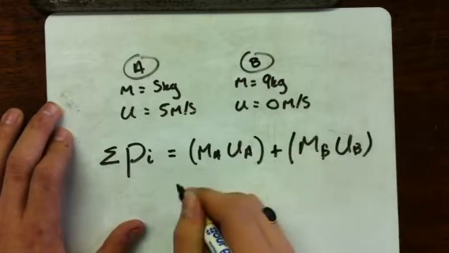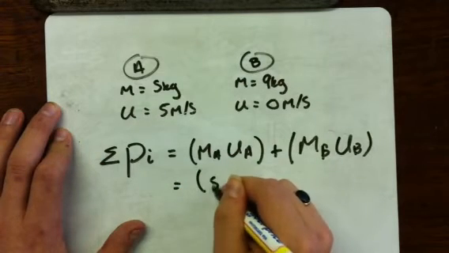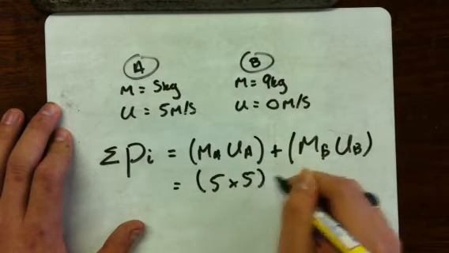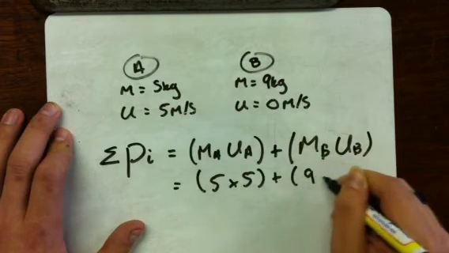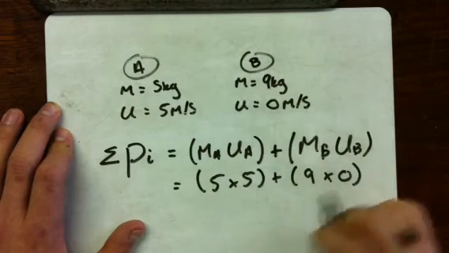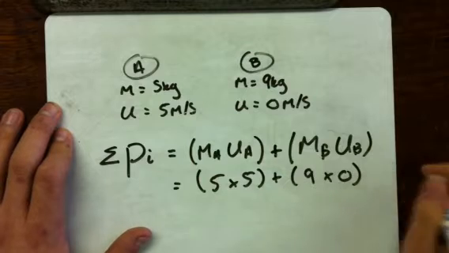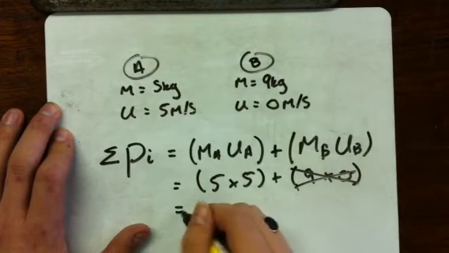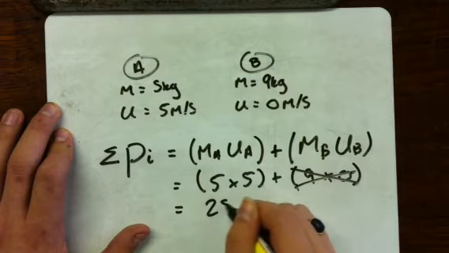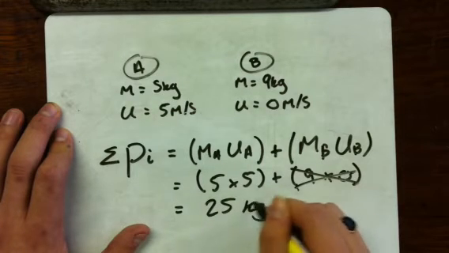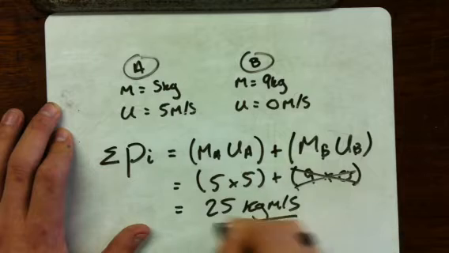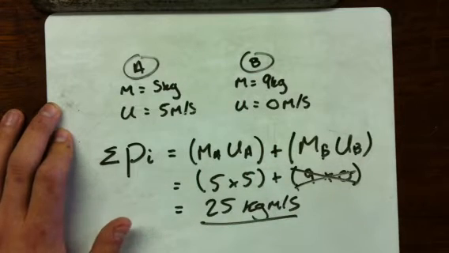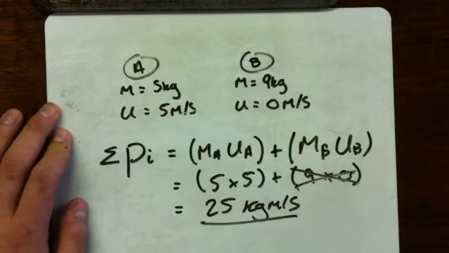So let's get calculating. That's going to be 5 times 5 plus 9 times 0. Now if we've got anything times 0, we know it's going to be 0, so we can cross it out immediately and ignore it. So that will be equal to 5 times 5, which is 25 kilogram meters per second. Always remember your units. Now the next thing we need to remember is the conservation of momentum.